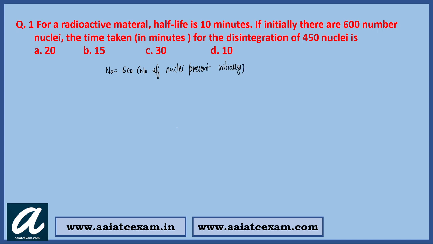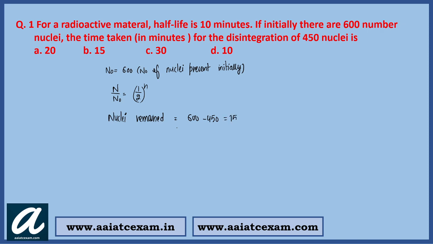Students, now you know that applying the formula N by N naught, it is always equal to 1 upon 2 raised to the power n. This is the formula for the half-life period. Students, how many nuclei remain after time t? Originally there are 600 nuclei, out of which 450 nuclei disintegrated.